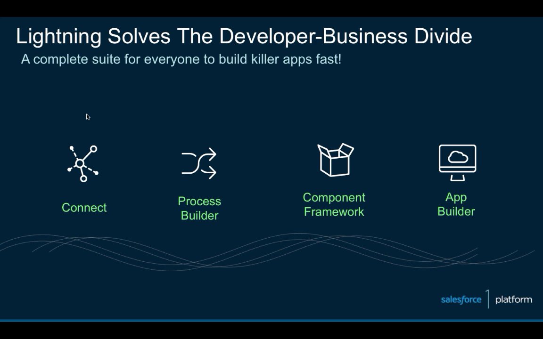App Builder allows anybody to take components and put them together, wire them up in a way that they've created a whole new app out of this. It's really an extension to the developer process of using components to build apps. In this case, the components already exist and they can be put together.